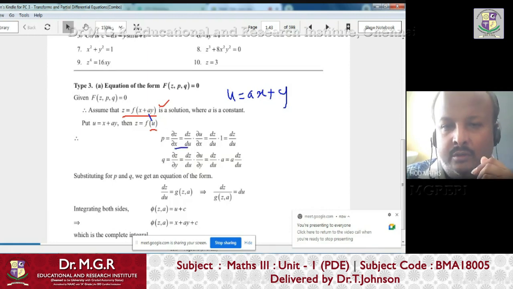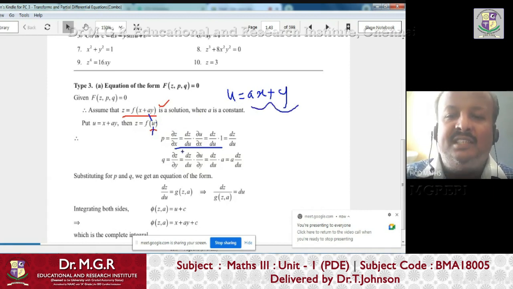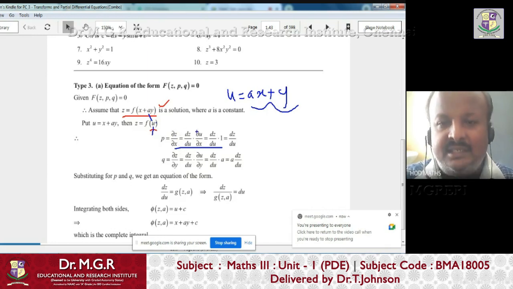So using the chain rule, we can write dou z by dou x by differentiating the right hand side with respect to u, so dou z by dou u, and then differentiating u with respect to x, because u is a function of x and y. This is the chain rule you already know from school level. So dou z by dou x can be written as dz by du into dou u by dou x.